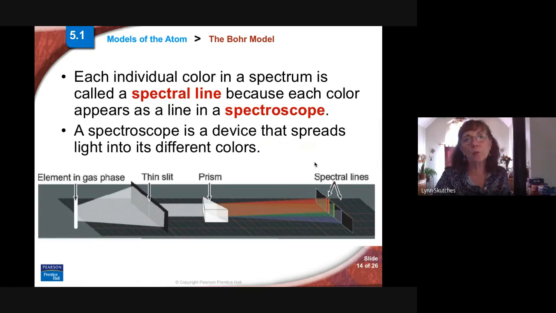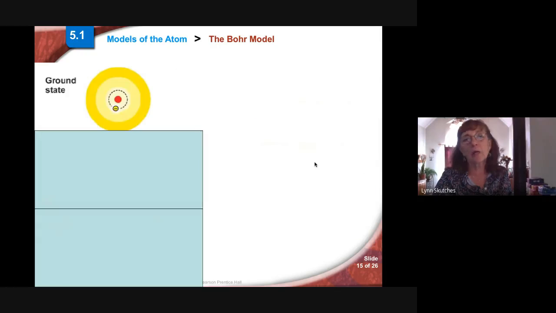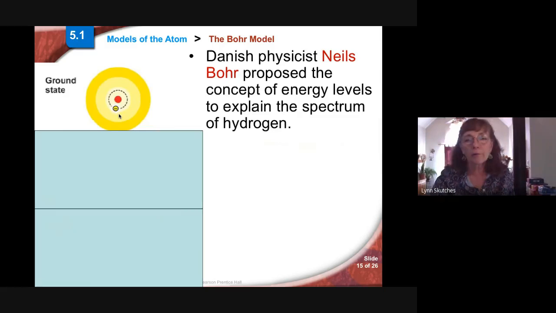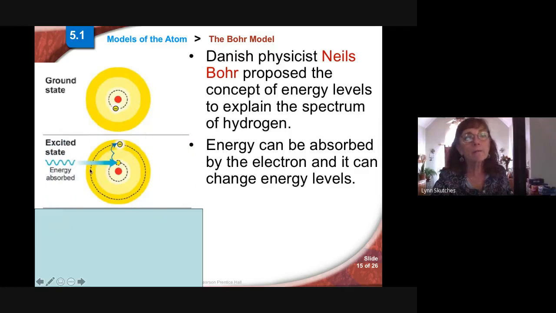So again, spectroscopes split the light into all of its different colors. How does that relate to the atom? Well, visualize an atom, just a basic, flat, wrong-sized atom, and an electron. Here's a nice hydrogen atom, 1 proton, 1 electron. Electrons going around. If you give that electron a little kick, a little bit of energy, boop, you bump it up to the next energy level.